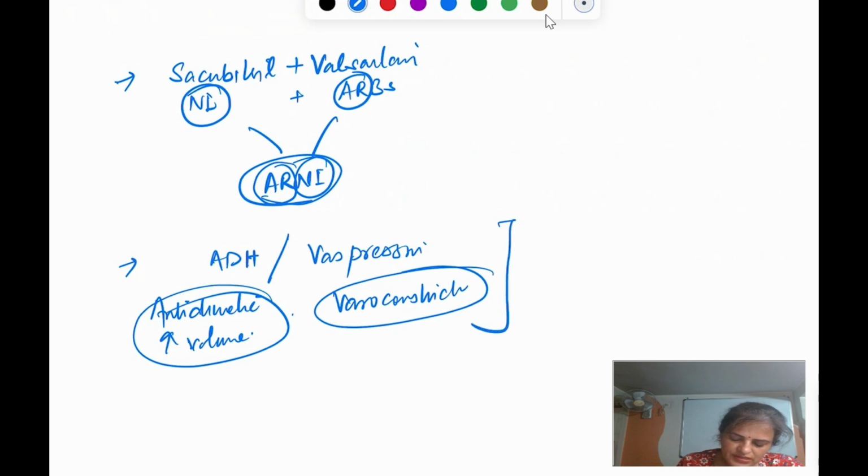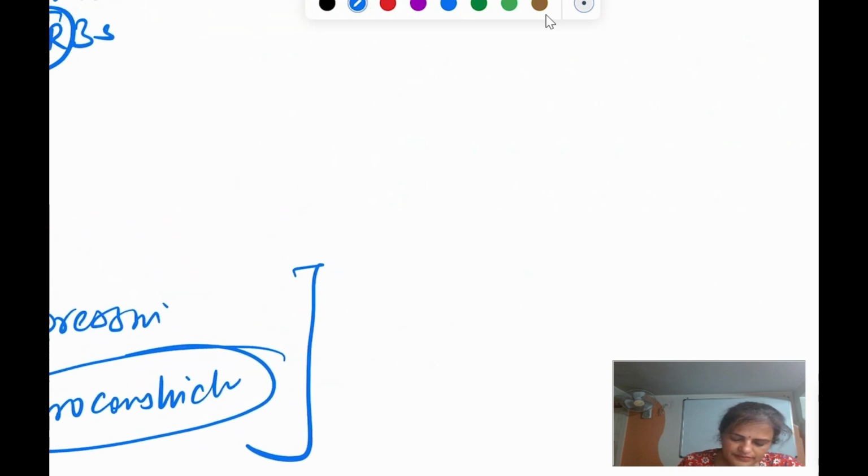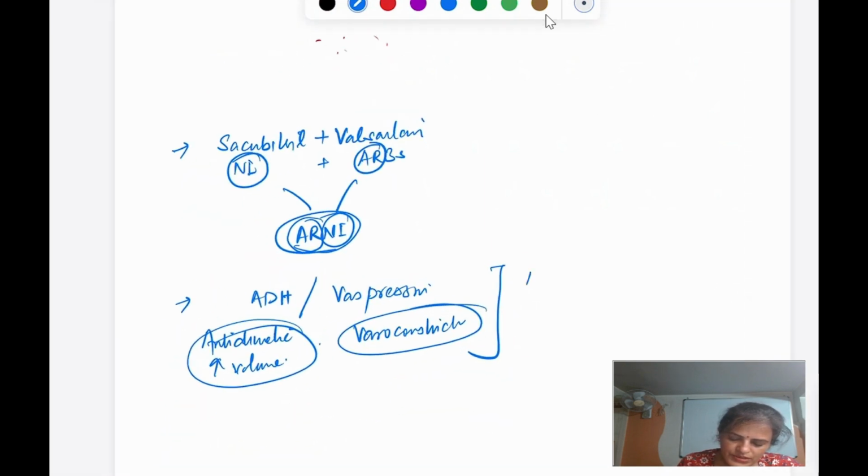So if we give an ADH antagonist, we have a drug, tolvaptan.